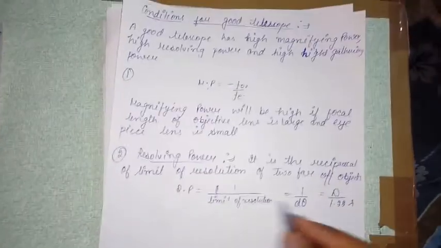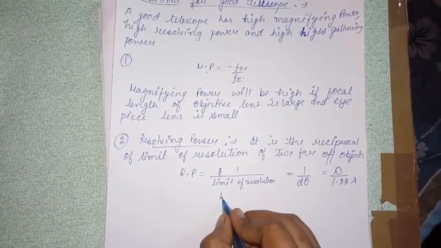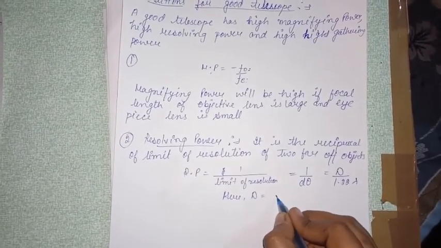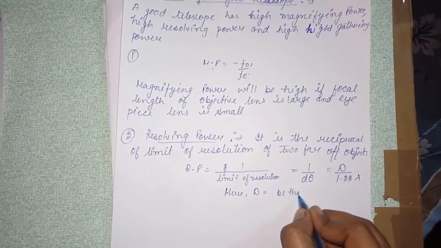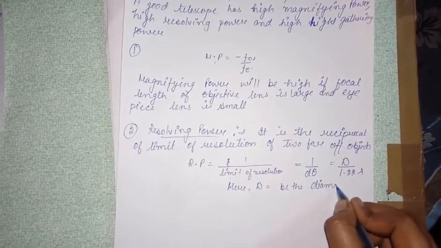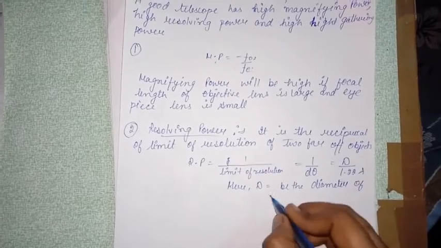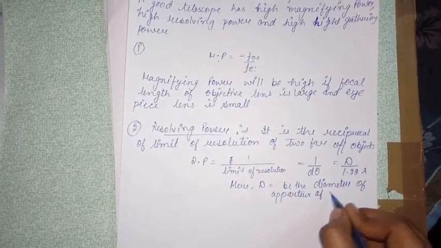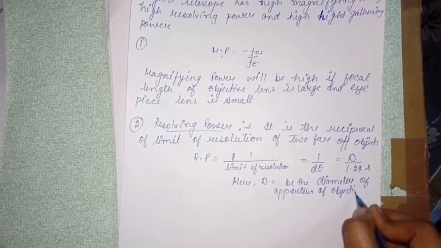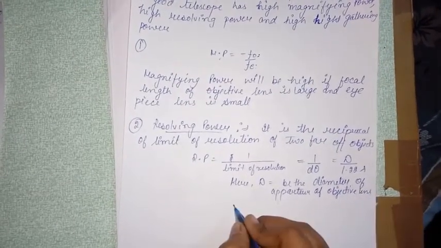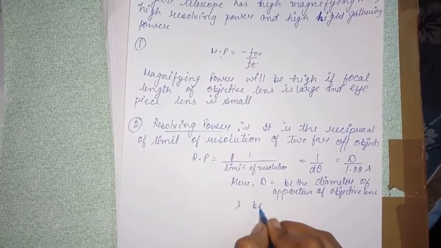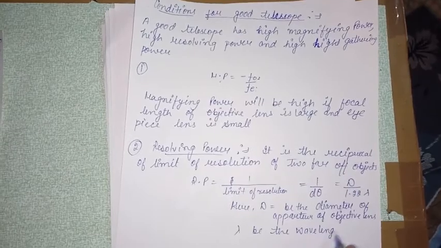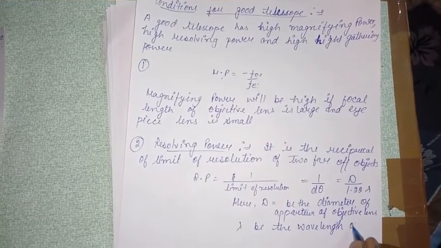Here d is the diameter or aperture of the objective lens, and lambda is the wavelength of light.